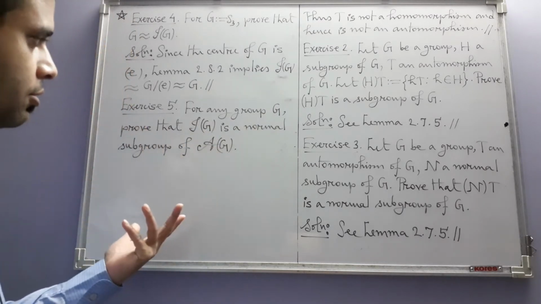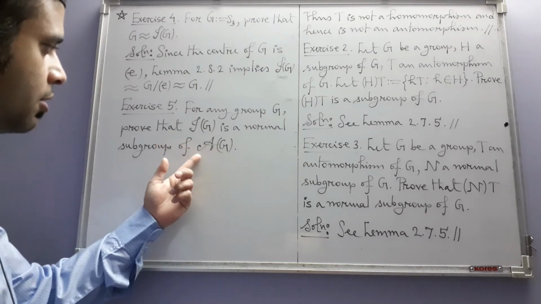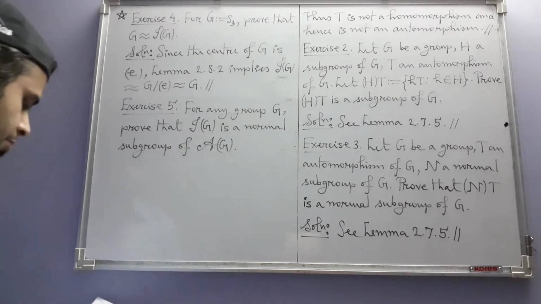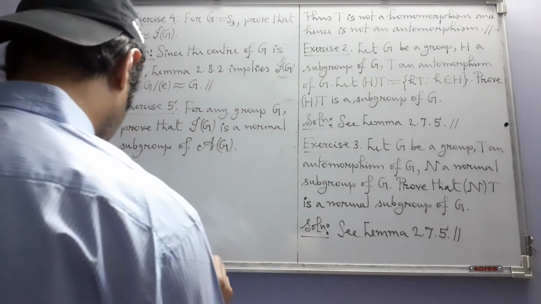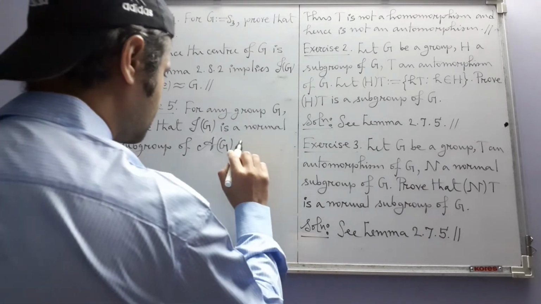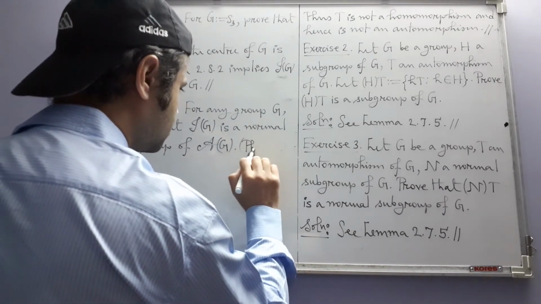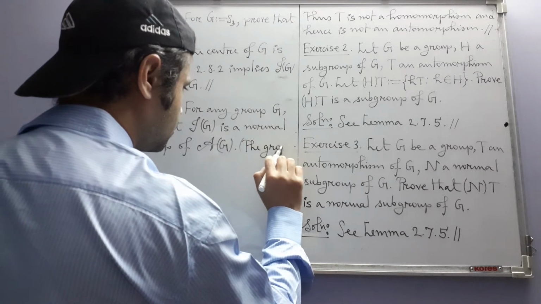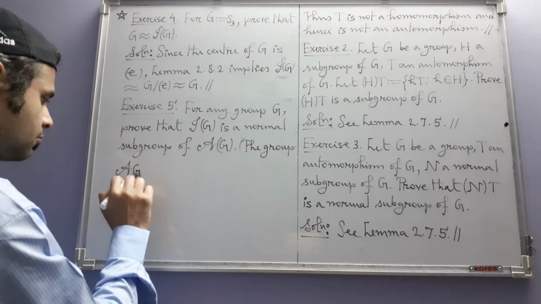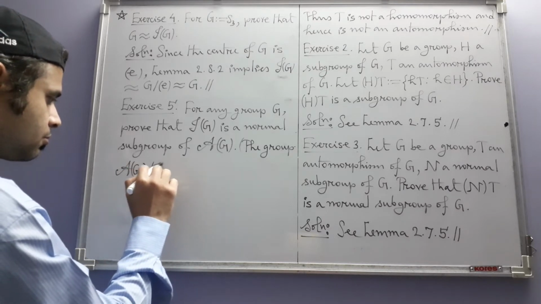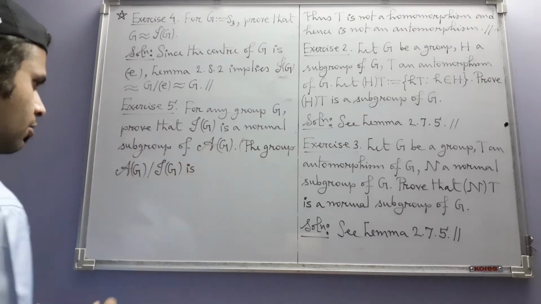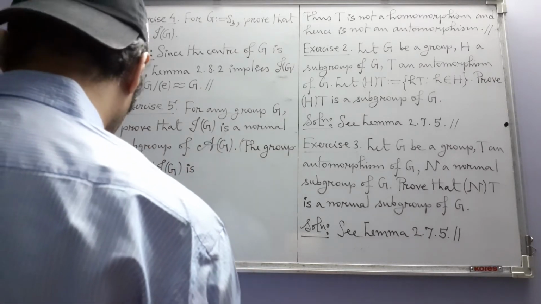So once we show that, one can then form the quotient of this by this normal subgroup, and that group has a name. The group is called the group of outer automorphisms.